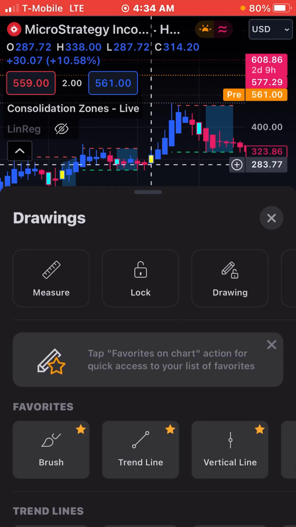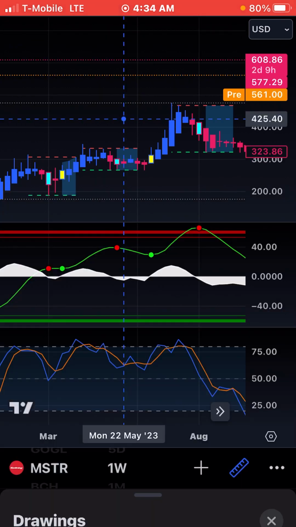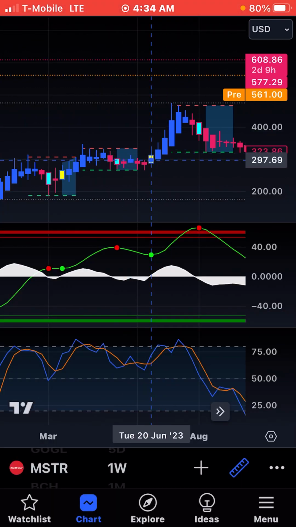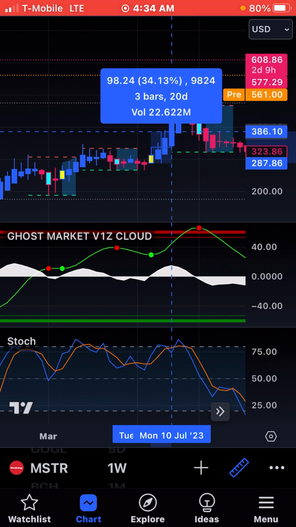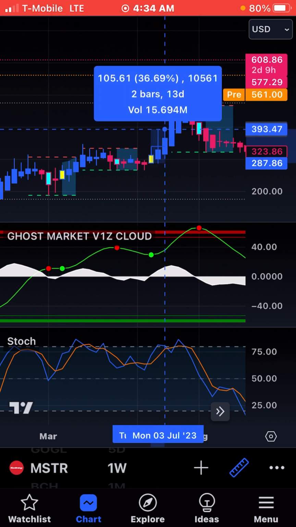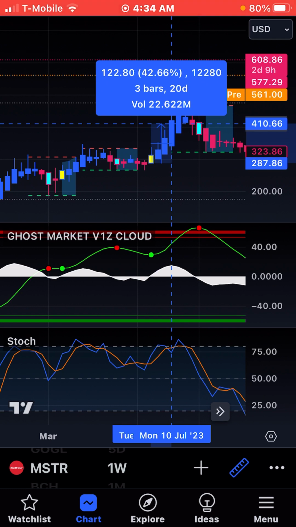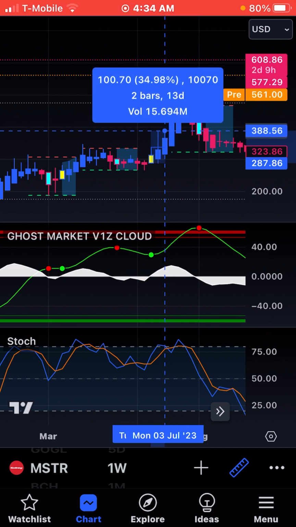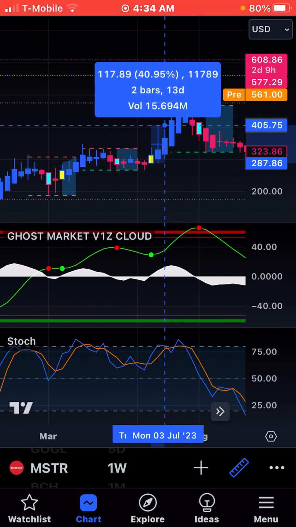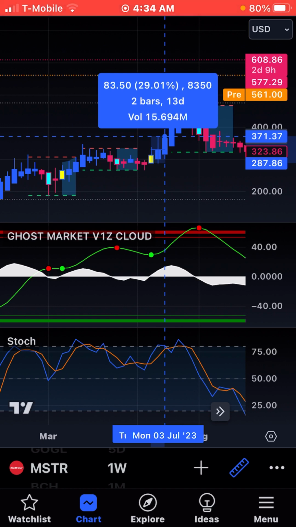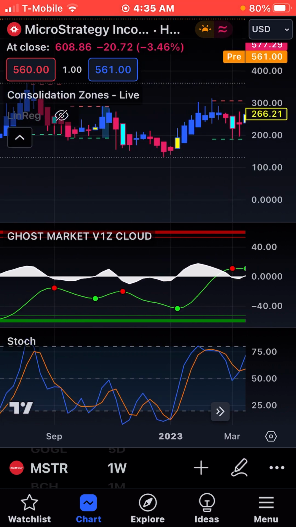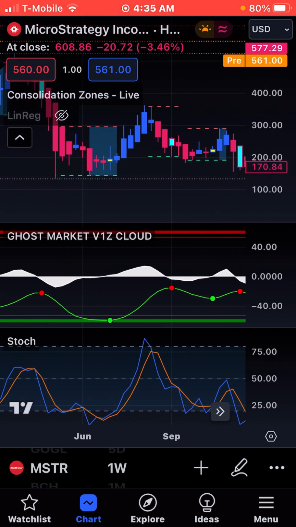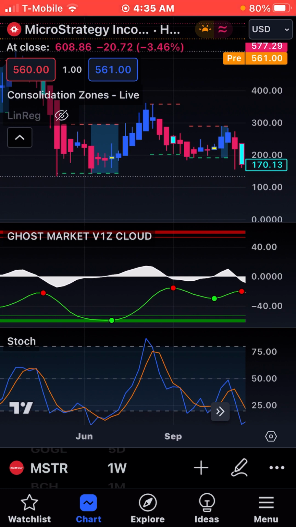So if we rode this one out from here to here, and this is kind of tricky because I personally would get out when I see the stochastic running into each other, so I would end the trade right about here. This wouldn't be a very long one, but this is still 29%. Not bad. And let's just look at another one, and then I want to go into another stock.